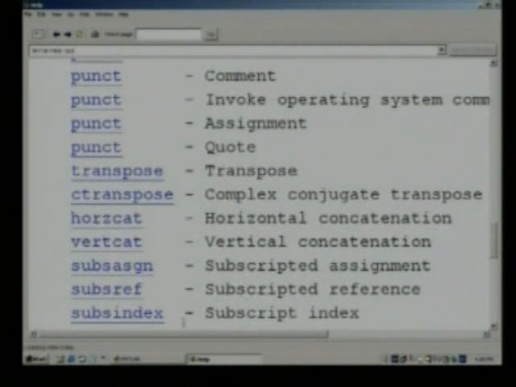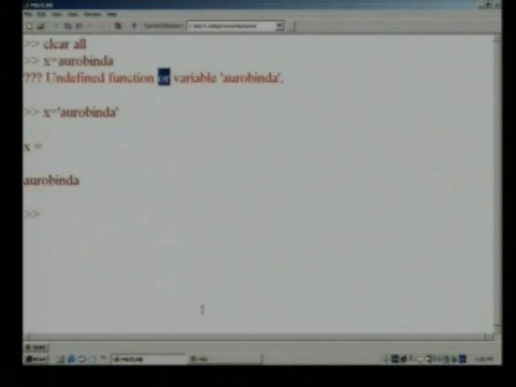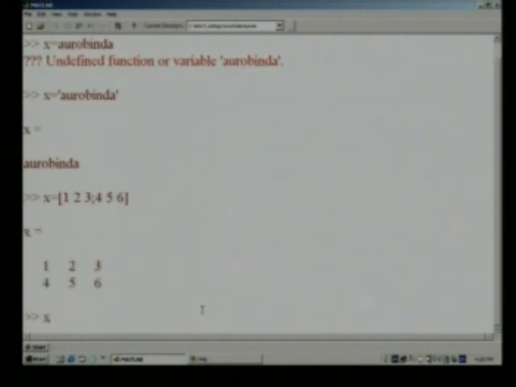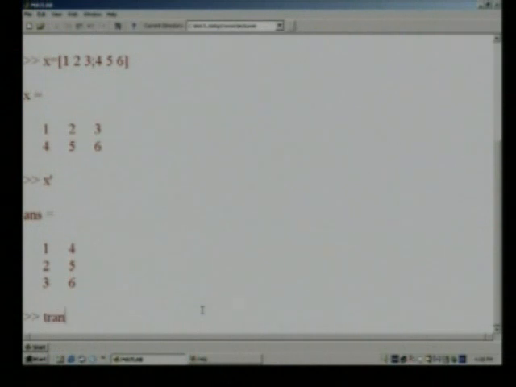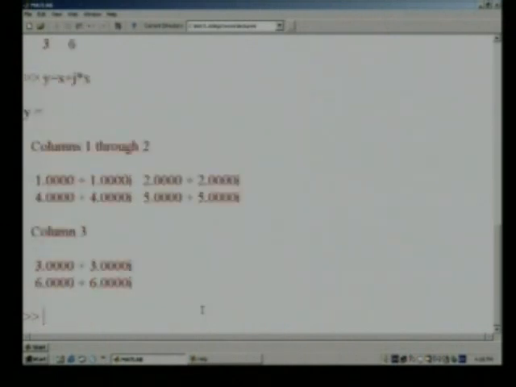Then transpose. Suppose I have a matrix X is equal to 1 2 3, 4 5 6. Then I can do transpose by this, or I can do transpose by this. Suppose y is equal to x plus j into x.